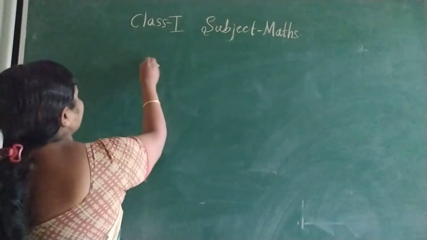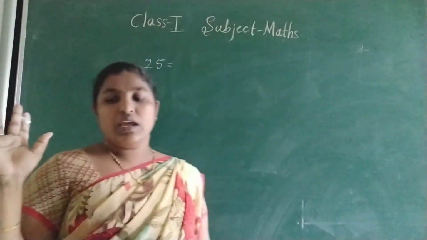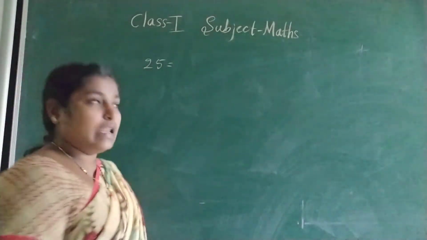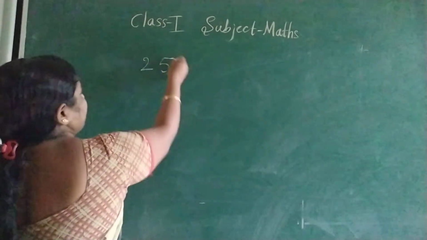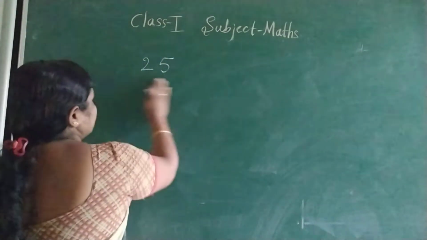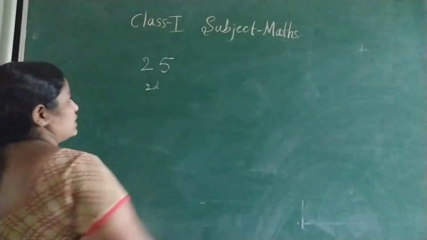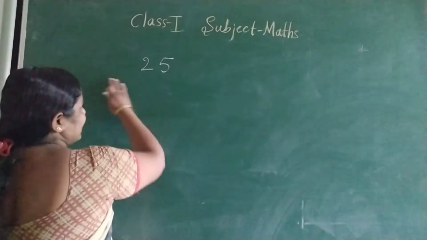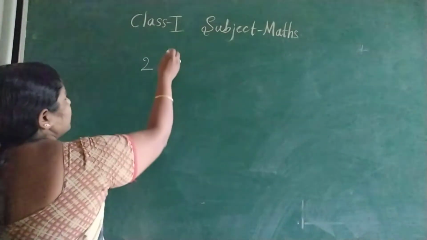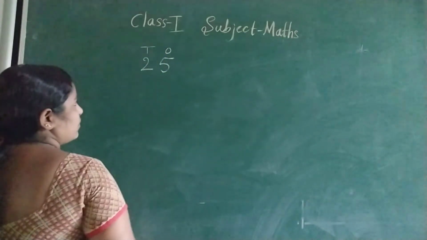25. This is one number. I'll take one example and explain it. How many digits is it? 1 and 2, two digits. So what places do these lie in? This is ones place and this is tens place.